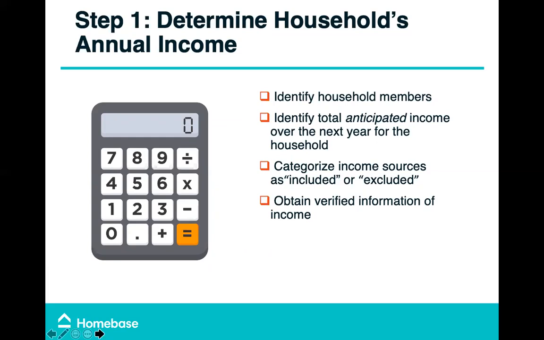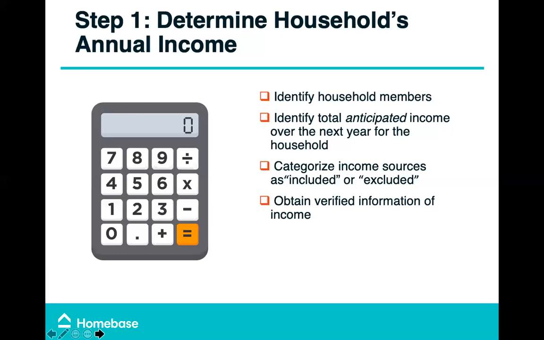You need to obtain verified information of income to support your calculation. And one tip that we have is that you should document and note your awareness of all types of income, whether it ends up being excluded or included, so that HUD knows that you took that into consideration, even if it ends up being excluded at the end of the day.